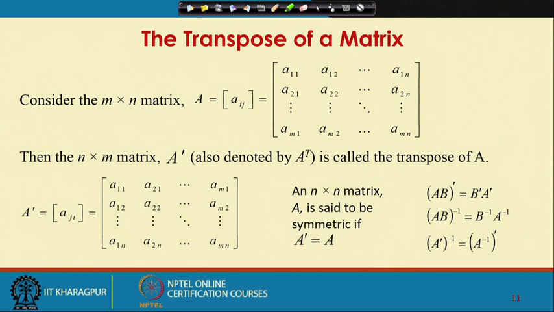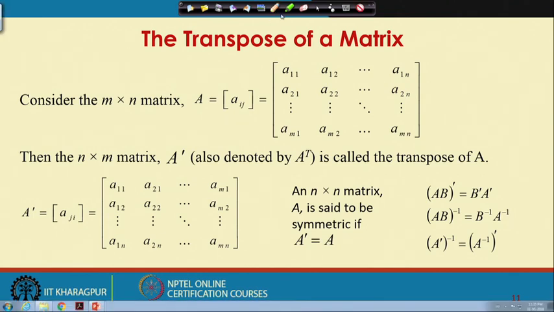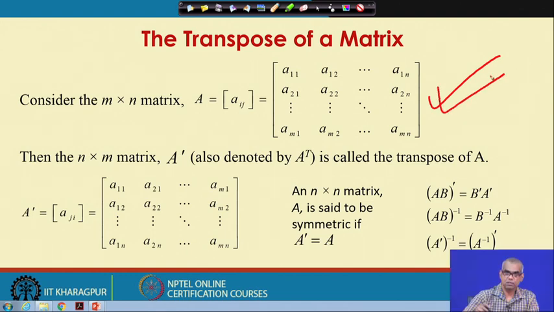Consider the m by n matrix as shown. So, if I want to take the transpose of this matrix, what I will do is the rows of this matrix will be converted to the column of the transpose matrix.